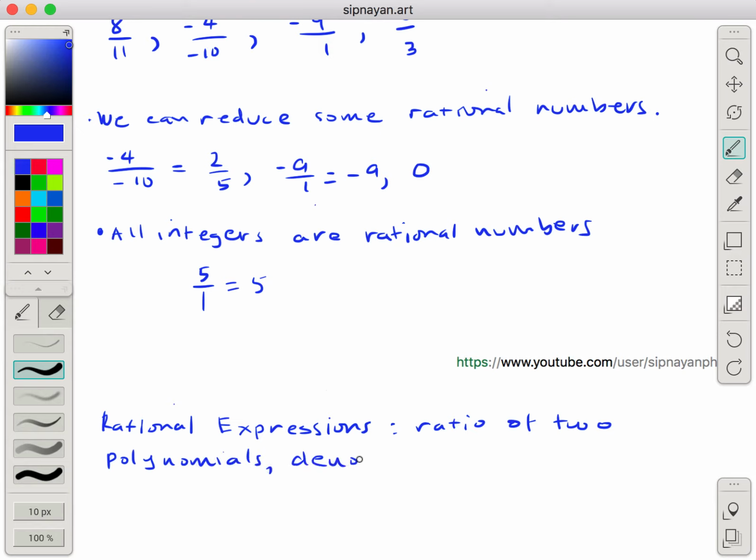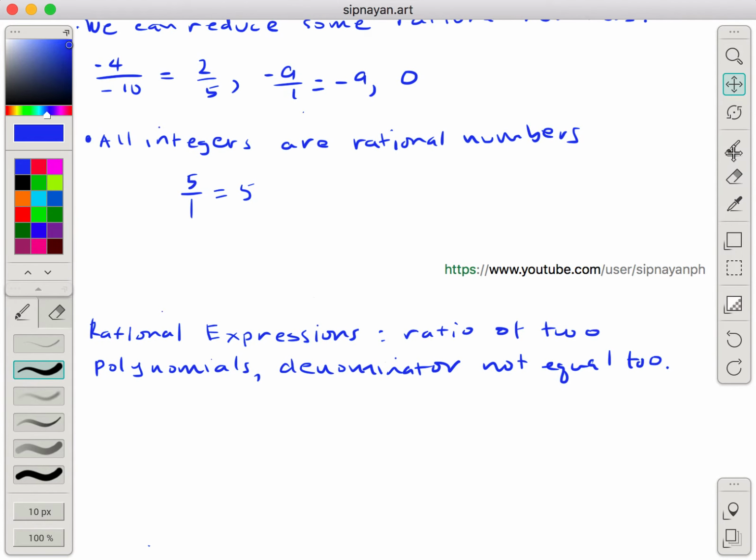Again, denominator not equal to 0. So, palaging sa math, hindi pwedeng magkaroon tayo ng 0 sa denominator kasi magiging undefined nga siya. So, some examples of rational expressions are examples.